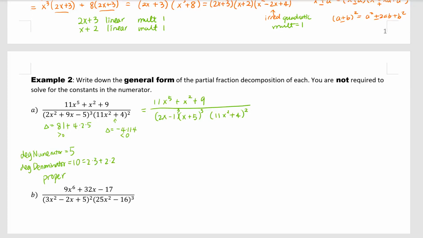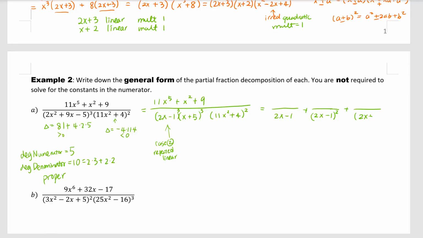And then, what's next? Well, look at this case. Look at the first factor. This is case 2, right? Repeated linear. So for repeated linear, how do we set it up? Well, we have 1 copy and then 2 copies until you reach the multiplicity.